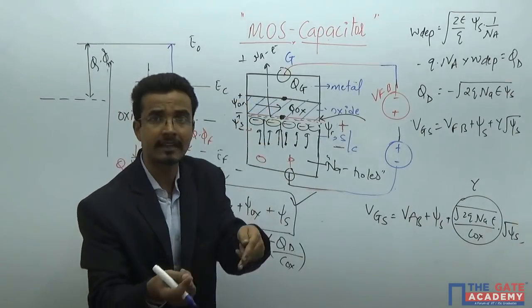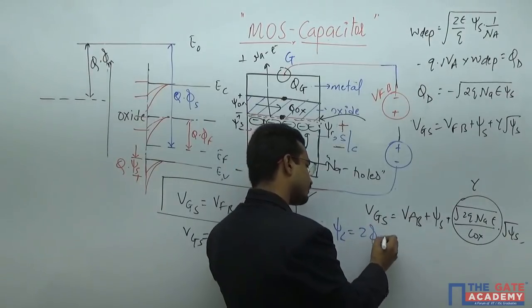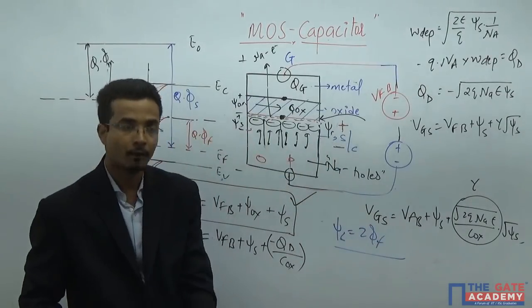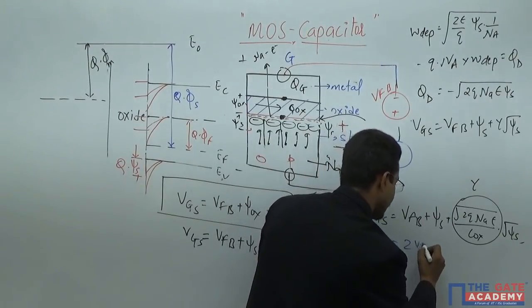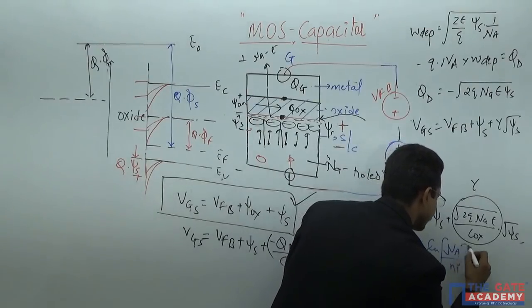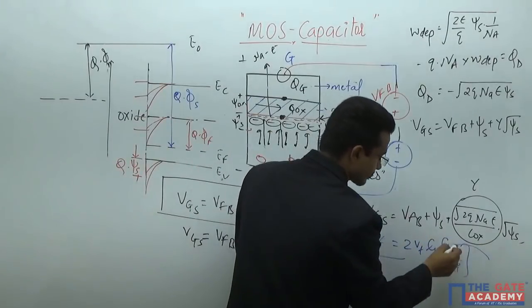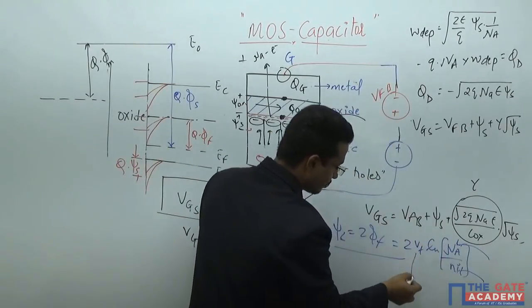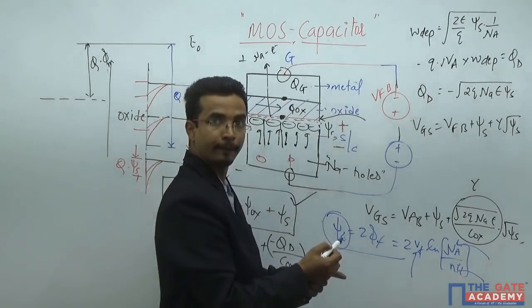And you have just recently studied that this is the point, psi S equals 2 phi F. And what is phi F? Vt ln NA upon Ni. Okay, now see, you know this, you know this, you know this. So, you will get the value of psi S also.